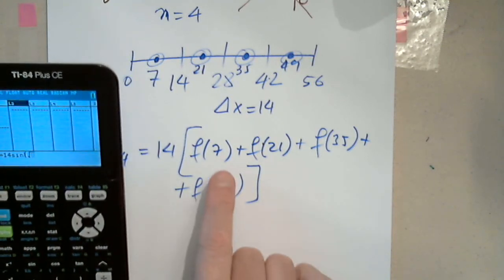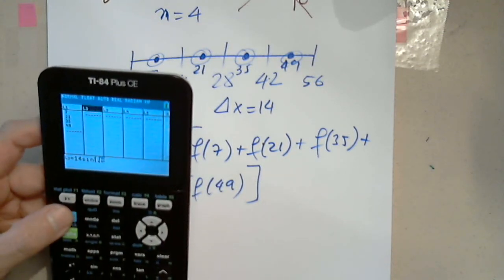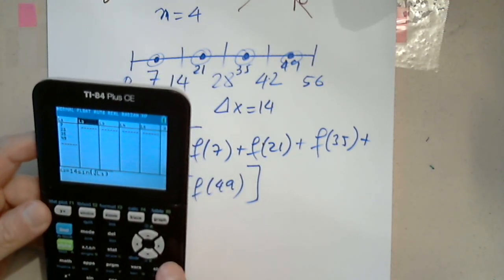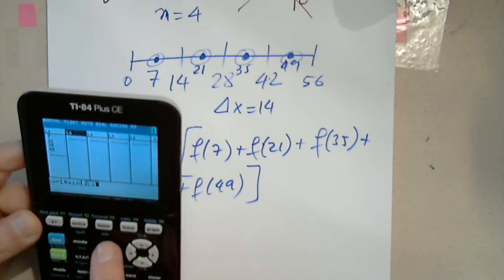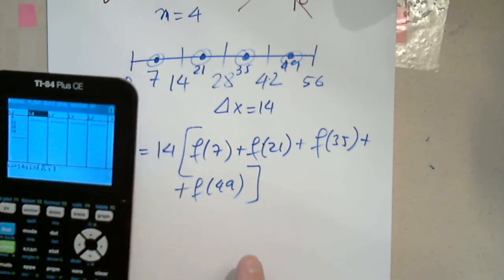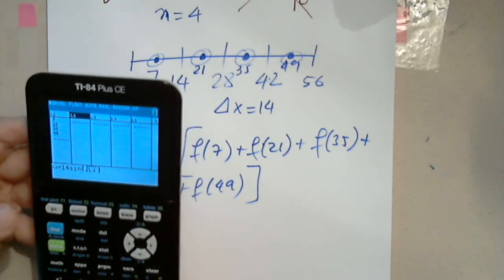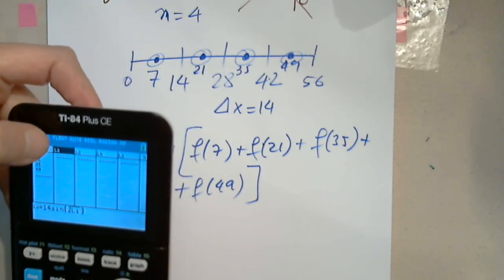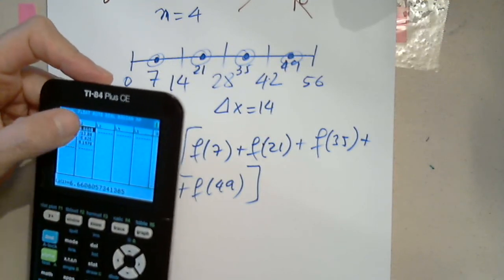And now the square root has to be taken from these numbers, which are listed in L1. Close the parenthesis. So I have 14 sine of the square root of list L1. So only when I highlight the top of the list. So then I press enter. I get all these numbers.